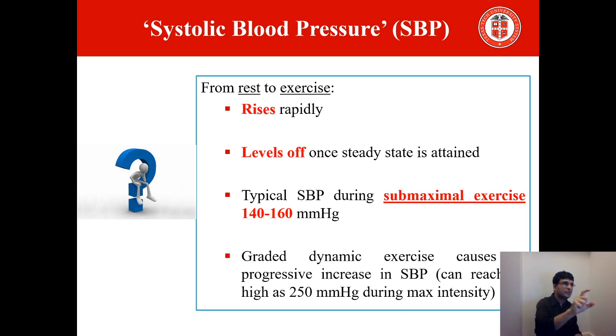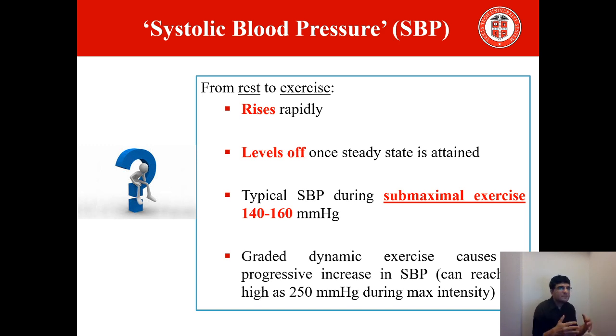Now, specifically constraining our discussion to systolic blood pressure, whenever somebody is at rest and starts to exercise, initially there is a steep rise in the blood pressure. And once the blood pressure is adequate to supply a sufficient amount of oxygen via blood, it attains a plateau phase or levels off once a steady state is attained.